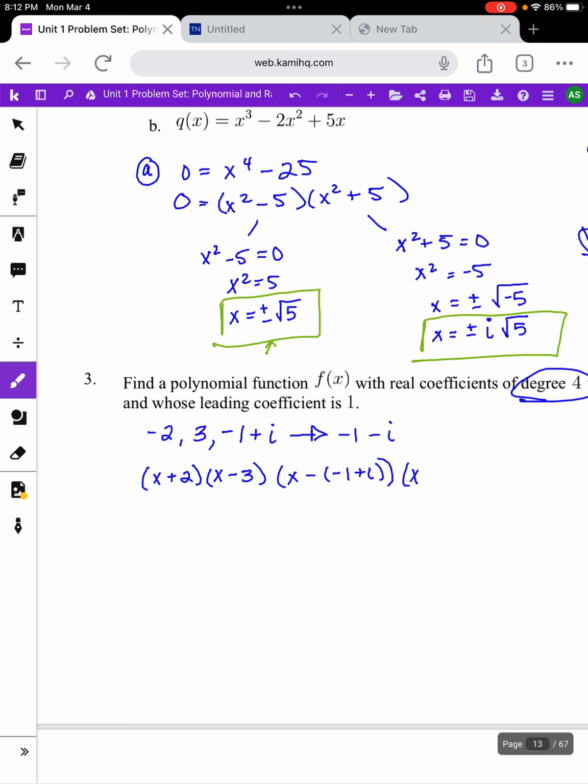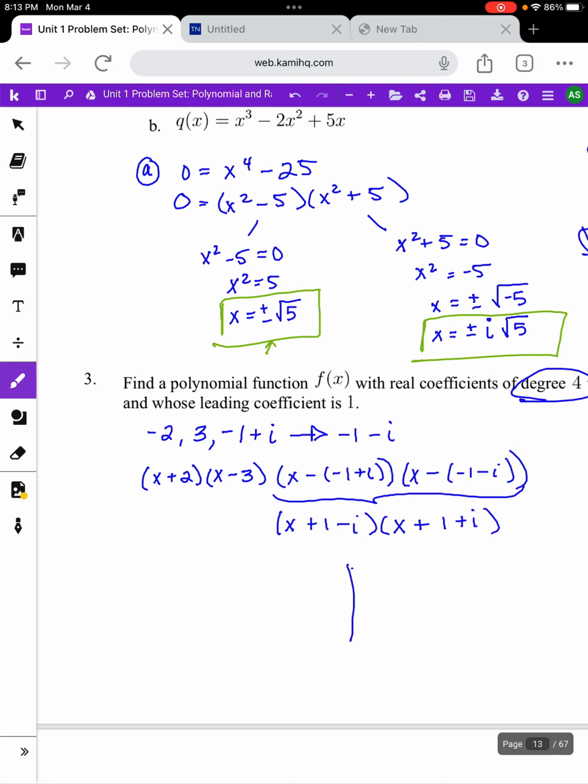And x minus negative 1 minus i. So I'm going to deal with these two things first because they're ugly. So this would be x plus 1 minus i times x plus 1 plus i.